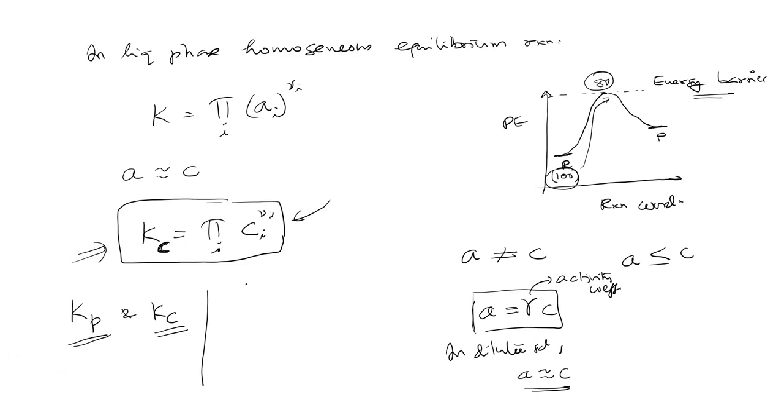I'll take the ester hydrolysis reaction: methyl acetate reacts with water to form acetic acid plus methanol. This is called hydrolysis of methyl acetate. This reaction attains equilibrium at a particular stage.